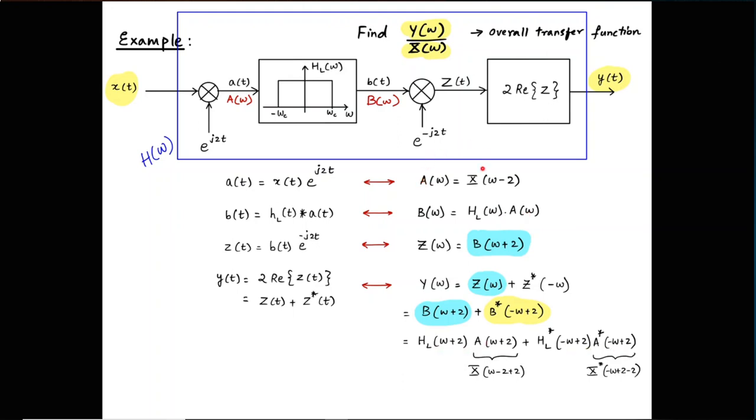Once I write these and I simplify in such a way that I get X on the right side, my goal is to write Y of omega divided by X of omega. I've already come very close to that, because I'm after that ratio. So the last step will be to factor things out and divide.